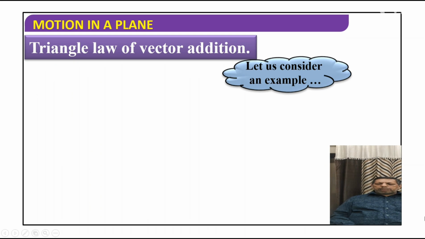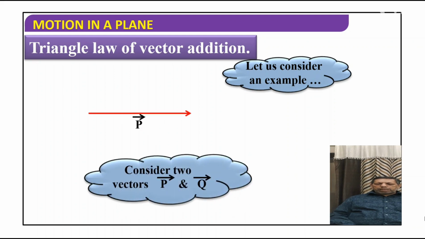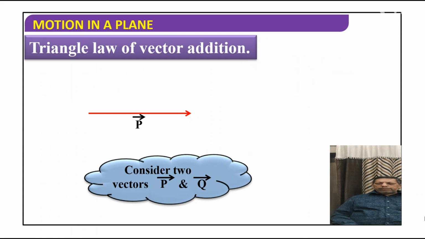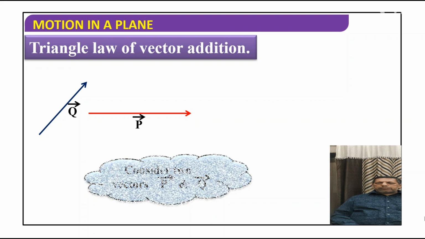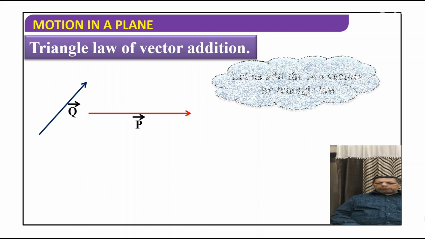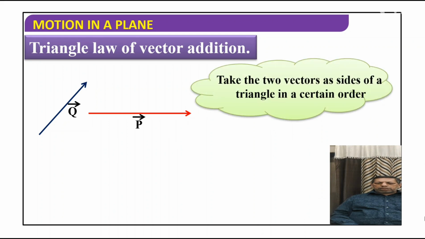Let us consider an example. Consider the two vectors, vector P and vector Q. Let us add the two vectors by triangle law. Take the two vectors as sides of the triangle in certain order.